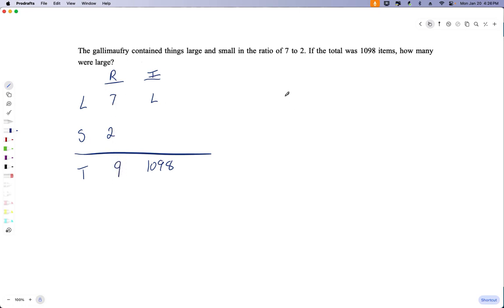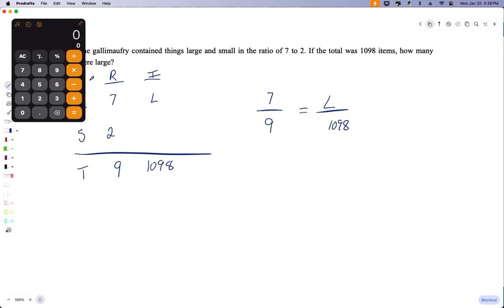We're going to take the top row, 7 and L, and the bottom row, 9 and 1098, and from there we solve it. 7 times 1098 is 7,686, which is equal to 9 times L. Divide both sides by 9. 854 is the number of large items. That would be our response for that problem.